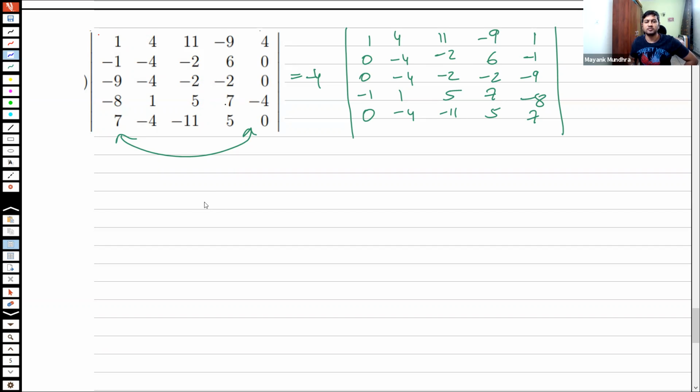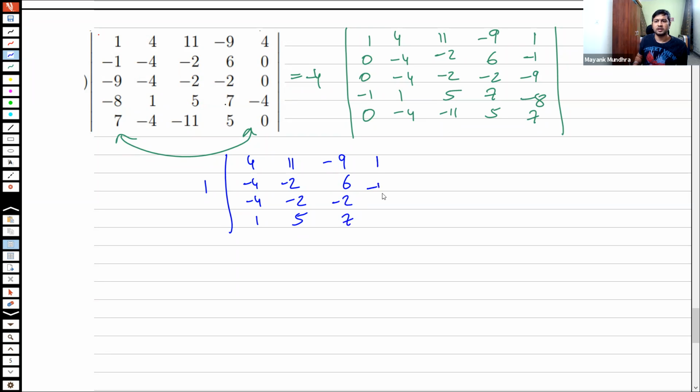So this becomes basically 1 times determinant of this thing: 4 minus 4 minus 4 1, 11 minus 2 minus 2 5, minus 9 minus 6 6 minus 2 7, and 1 minus 1 minus 9 minus 8. And this would be plus minus plus minus.